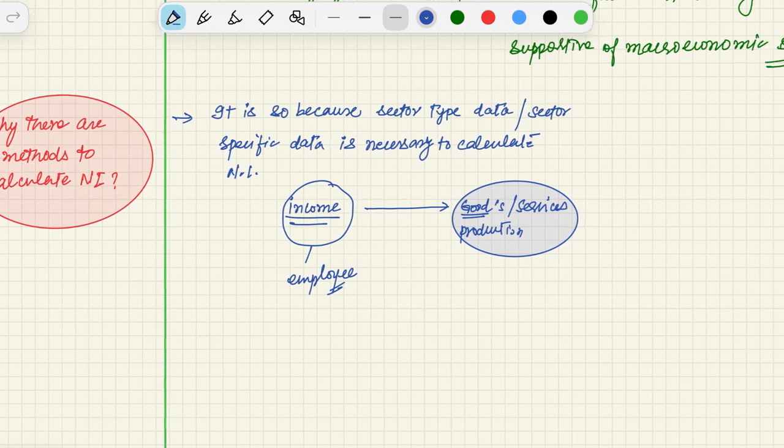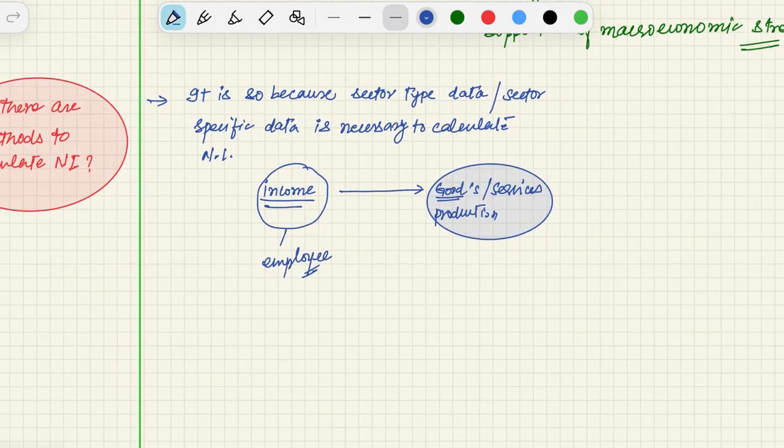The employee's income can be calculated by the income method, whereas the income generated through the manufacturing of goods or services can be identified through the production method, or value added method.